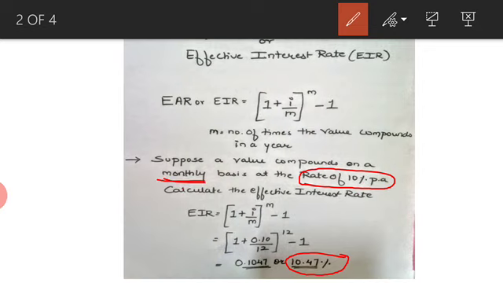So ultimately the effective interest rate when the value compounds monthly at 10% per annum would be 10.47%. I hope you're clear with this concept of effective interest rate, because some problems come on it, so you need to be aware of this.